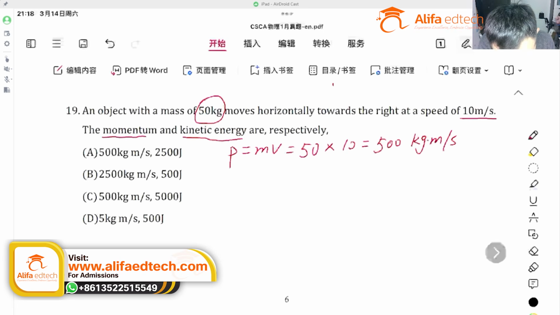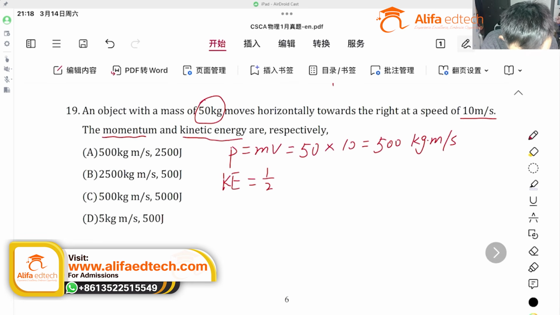As for kinetic energy, KE equals 1/2 mv squared. It is 1/2 times 50 times 10 squared.